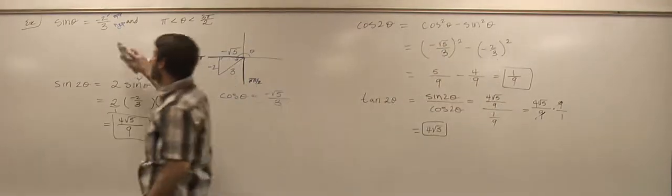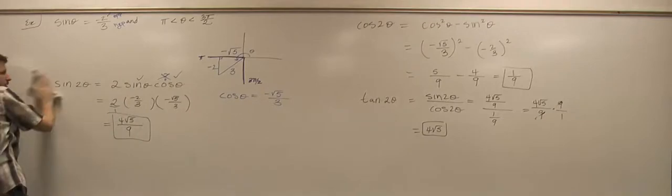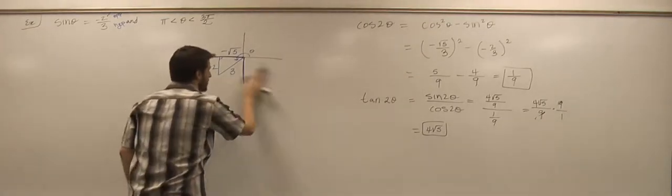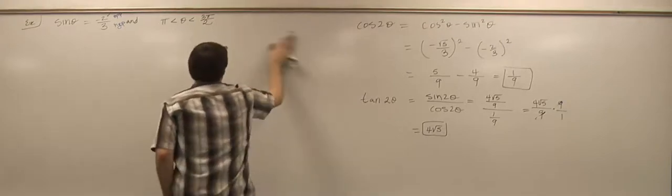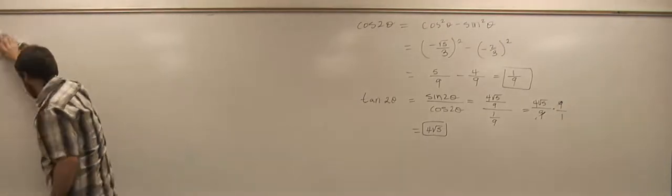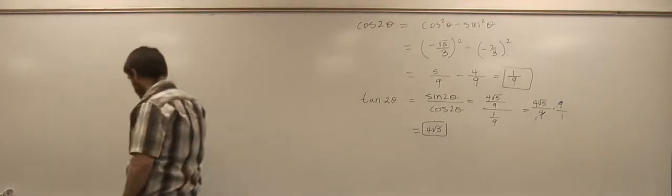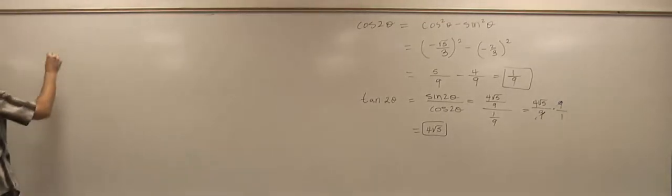So to get to the half angle formulas, which is what our next goal is, we kind of have to mess around with the double angle formulas a little bit. So I gave you an identity to verify here. Keep you on your toes.